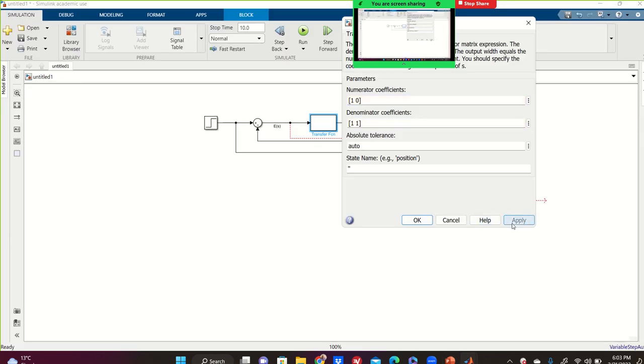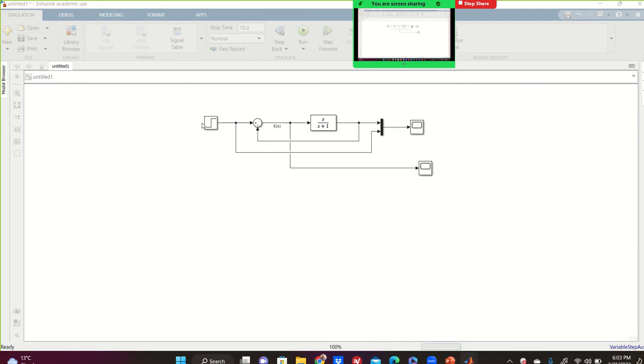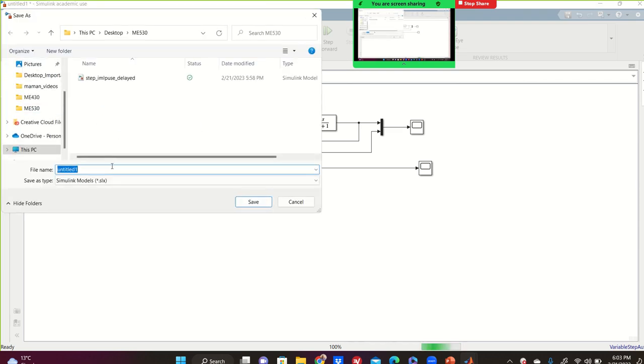So I'm just applying this and saving this, and for the error signal, obviously a copy and paste. I put it here for the error signal. And I'm saving this for sharing with you, impulse first order system.